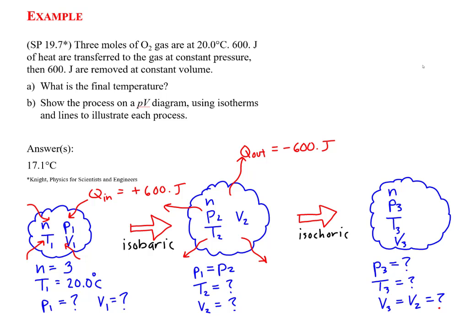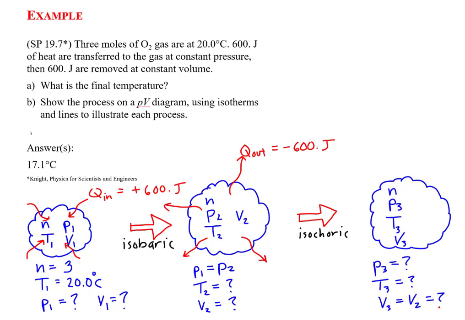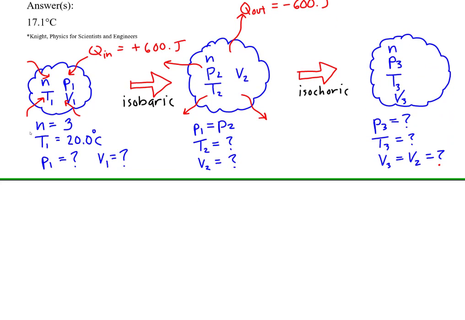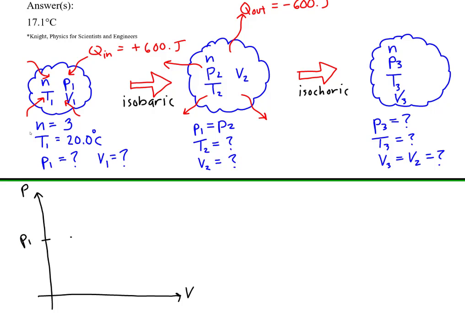To help us find this temperature, let's represent these processes on a single PV diagram. In state 1, the gas has pressure P1 and volume V1.